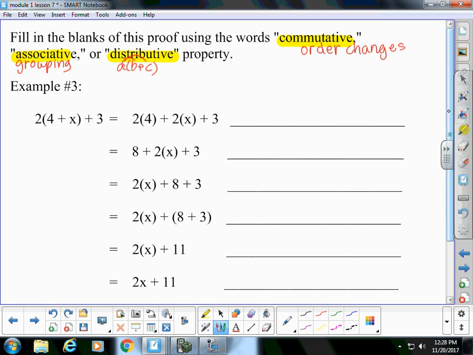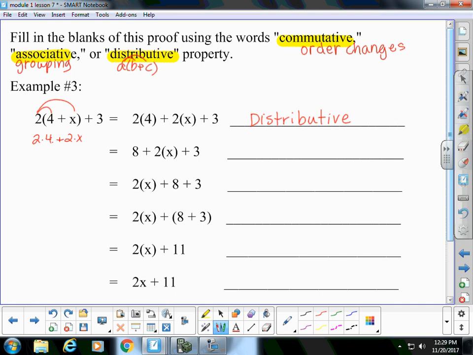Okay, so in this instance, that's actually the first thing that's happening. 2 times 4, 2 times x. 2 times 4 plus 2 times x. That's actually the first thing that happened. So that's our first property, distributive property. Now in this particular instance, each line, sometimes you get finishing a property.